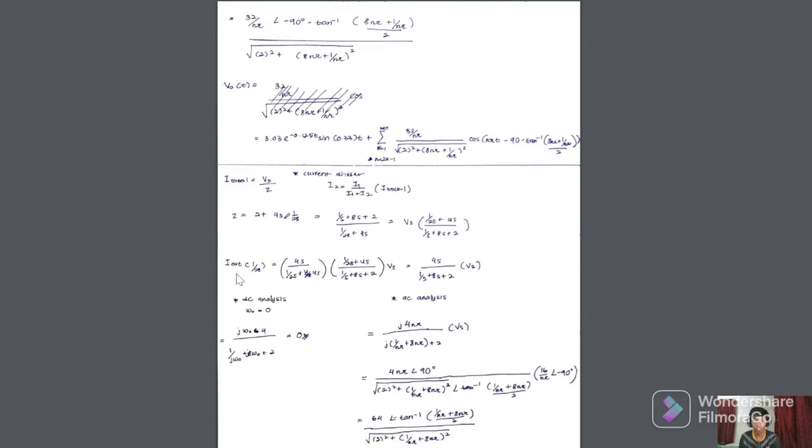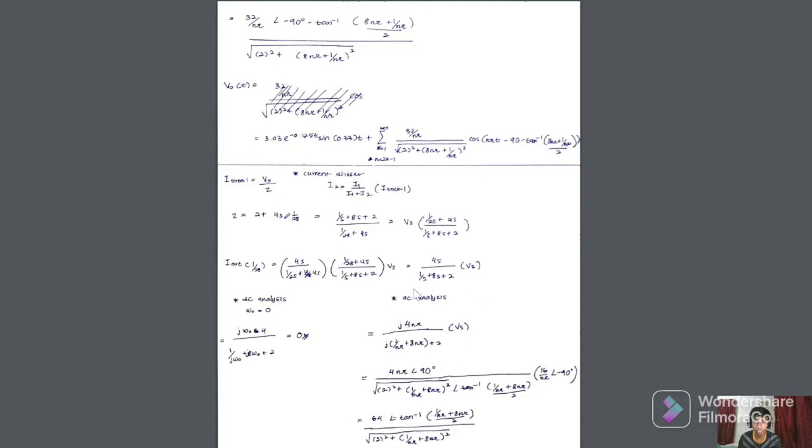So I out for 2 divided by 2s is this, and lastly we got 4s divided by 2 over s plus 8s plus 2 multiplied with Vs. So this is for the DC analysis, which is w o equal to 0. So for this analysis, I out for 2 over 2s is 0.